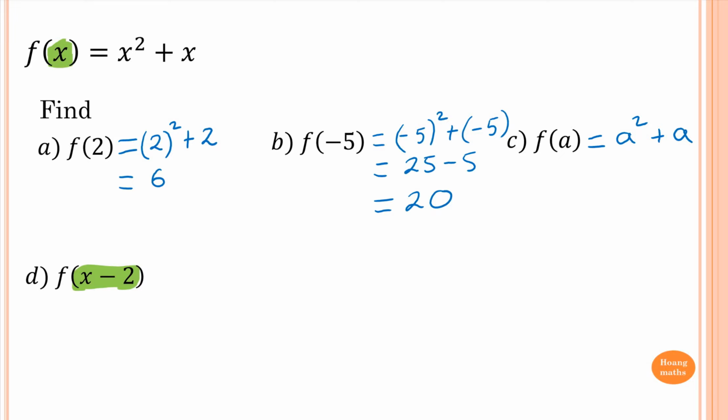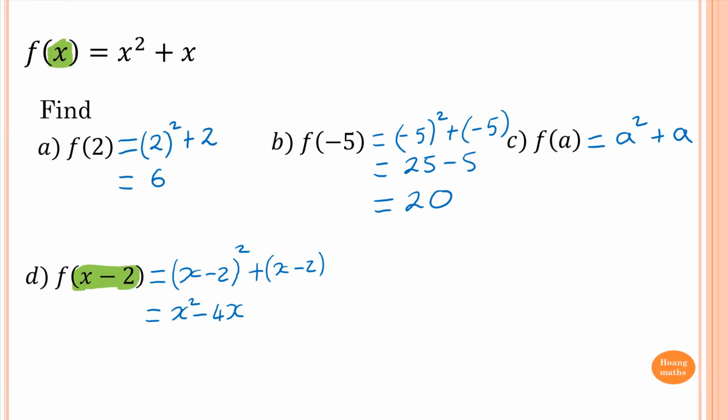So which gives me x squared becomes x minus 2 all squared plus x, but x is x minus 2. So expand this out. I use perfect square to expand quickly. So x squared, the first one is x squared, x times minus 2 gives me minus 2x, and a double, so it gives me minus 4x.